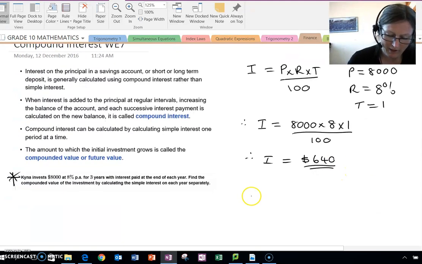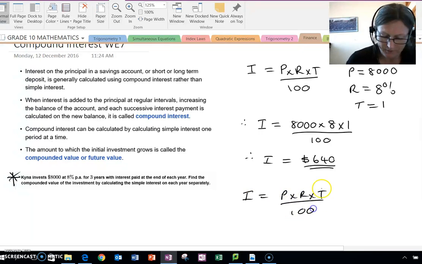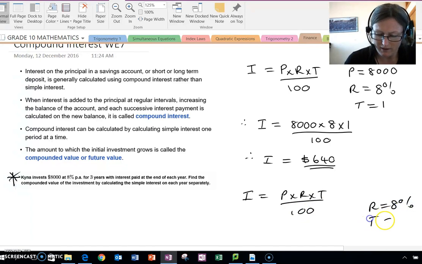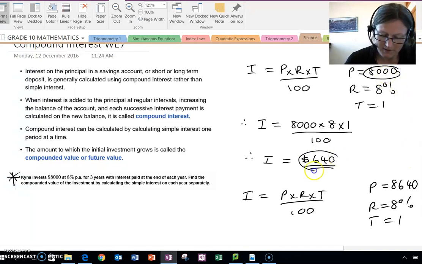So when we work it out for the next year, we work out our simple interest formula. Our rate is still the same. We're only putting it back in for another year, but our principal is different. Our principal is $8,640. How did I get that? Well, the initial $8,000 plus the $640 that it has grown in simple interest that first year.